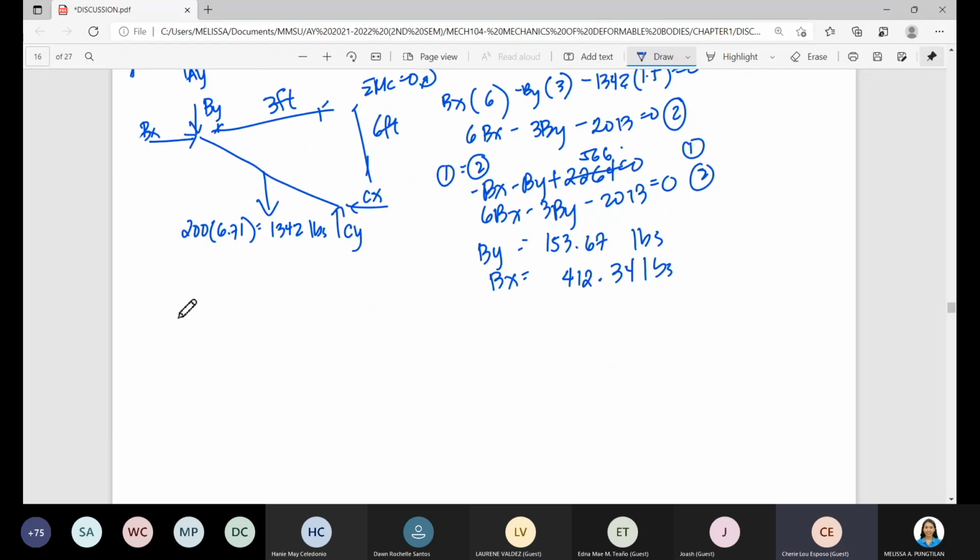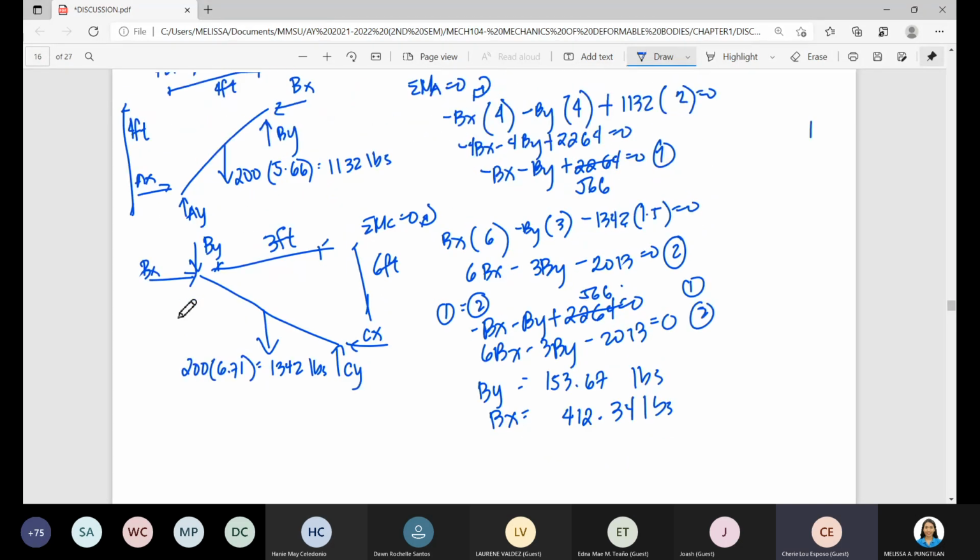So, having summation of forces. Gamitin natin itong illustration number 1, okay? Meron tayong Bx na 412.34 and then yung By natin is 153.67. So, ito yung gamitin natin. So, taking the summation of forces vertical is equal to 0, upward positive.